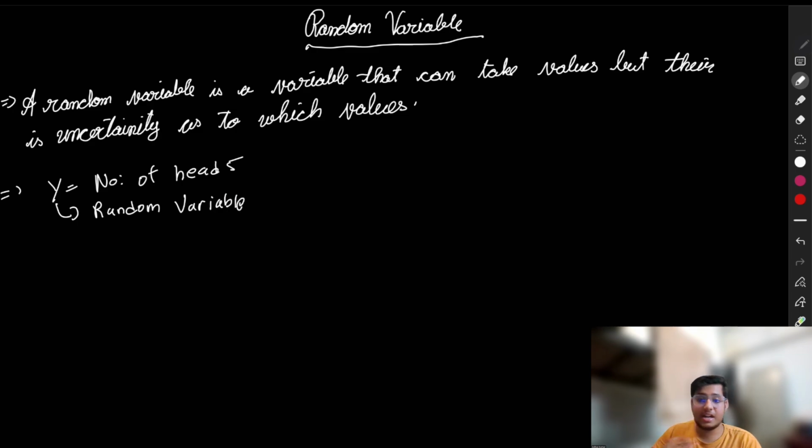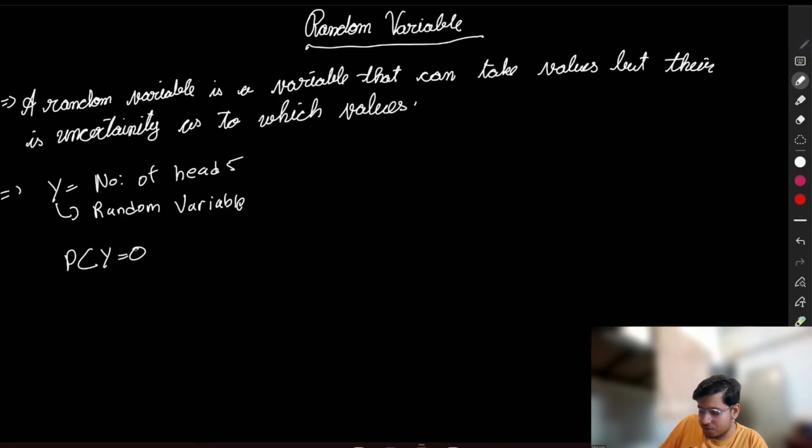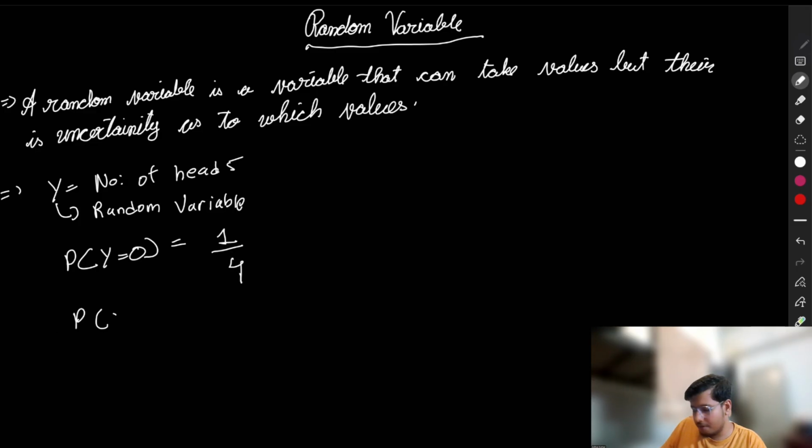Because y can take value of 1, value of 2, and value of 0. So what is the probability of y equal to 0? Note, we are tossing two coins here. It is simply 1 by 4, right? What is the probability of y equal to 1? It is 1 by 2.